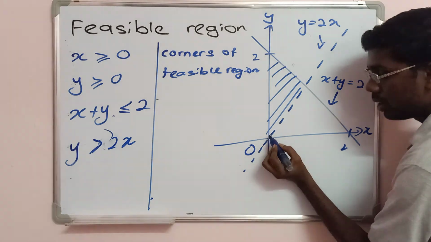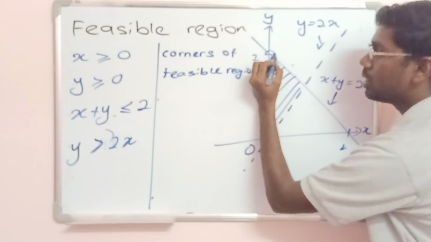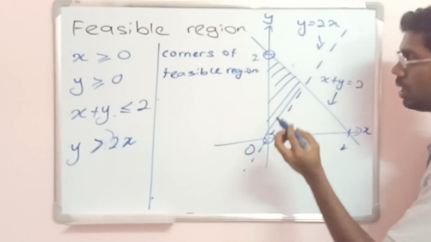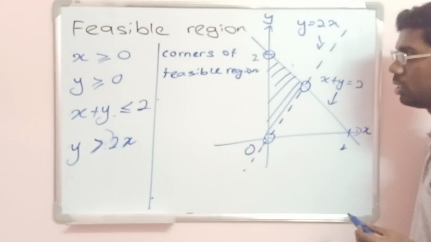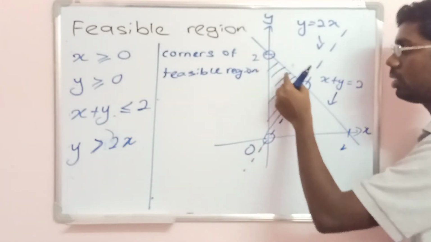For example, this is one corner, this is the second corner, and this is the third corner. Here I have three corners.